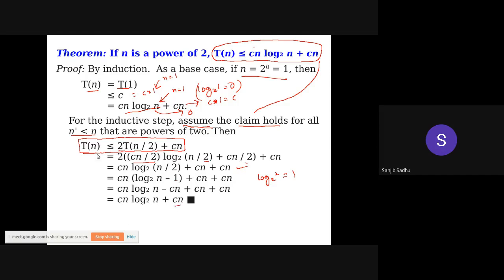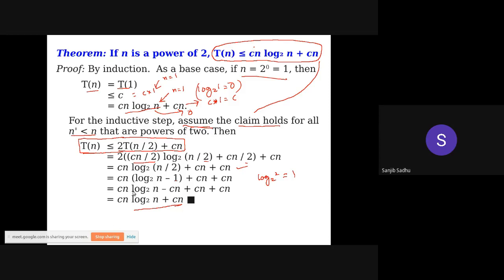So we have proved that Tn is less than or equal to Cn log n plus Cn. So in this way we are getting that the time complexity of merge sort or quick sort is always like this, meaning n log n.